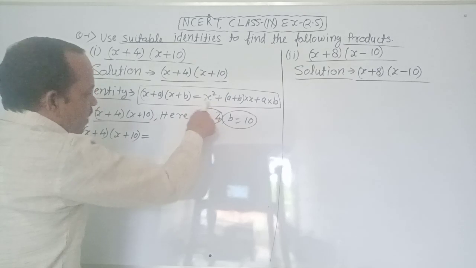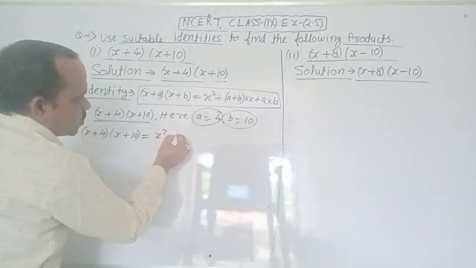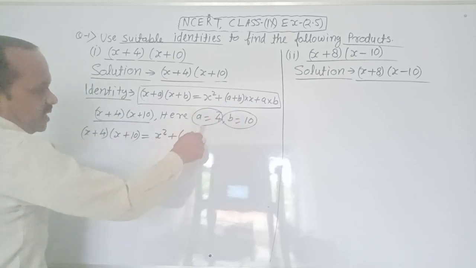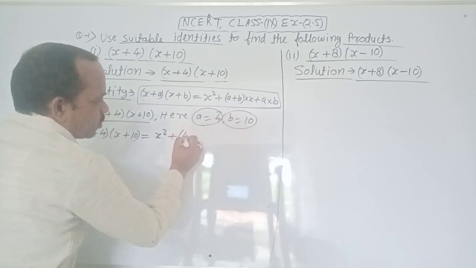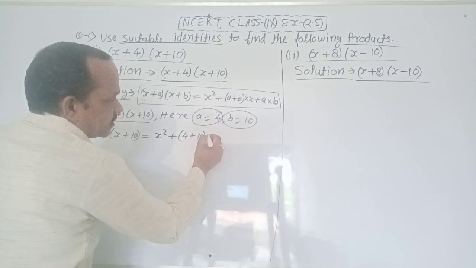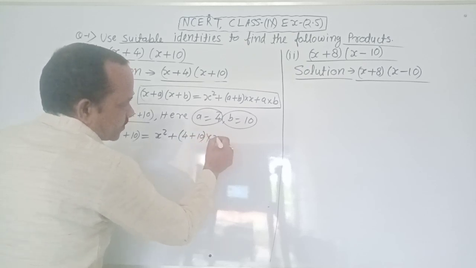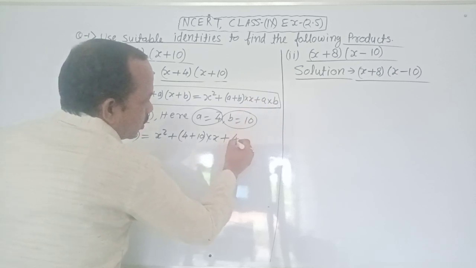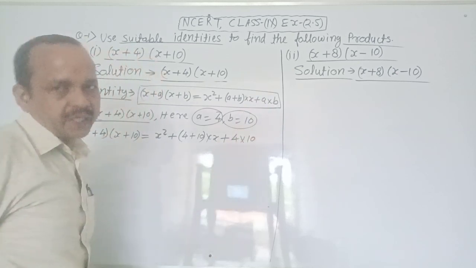Here x square means x square plus, in brackets a plus b means 4 plus 10, 4 plus 10 multiply x, plus a multiply b means 4 multiply 10. It is clear?